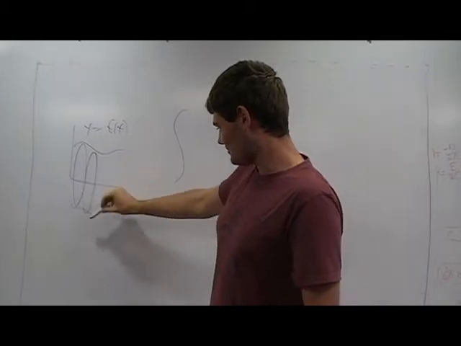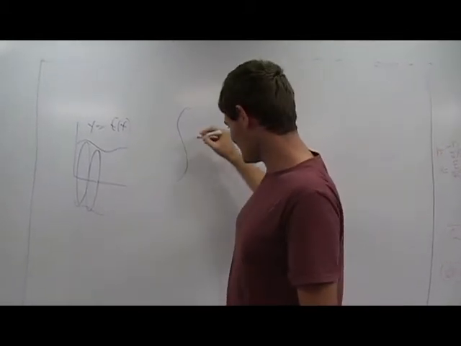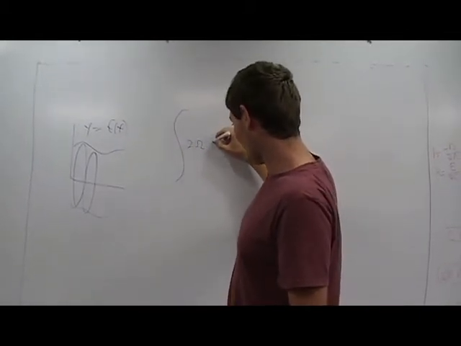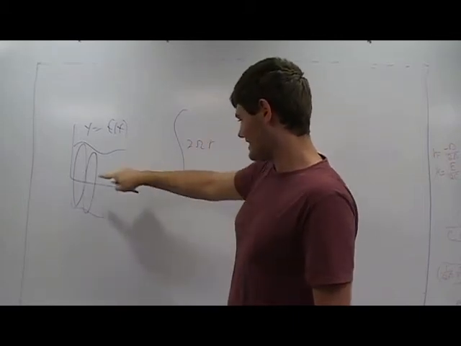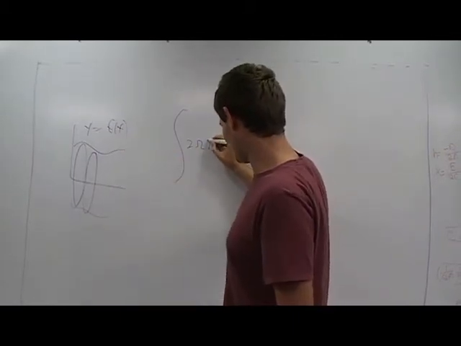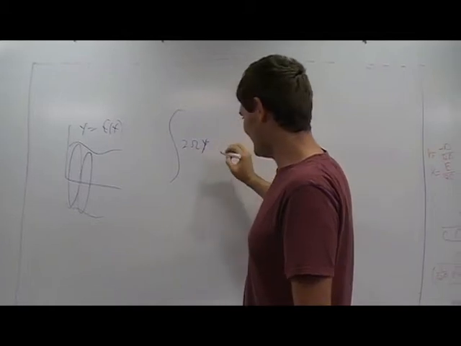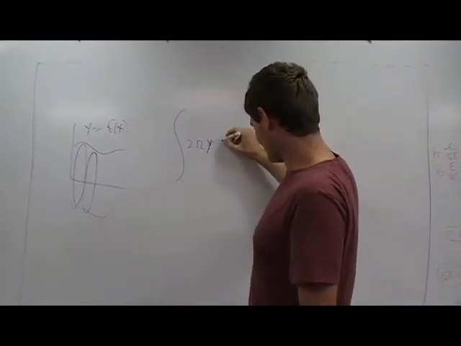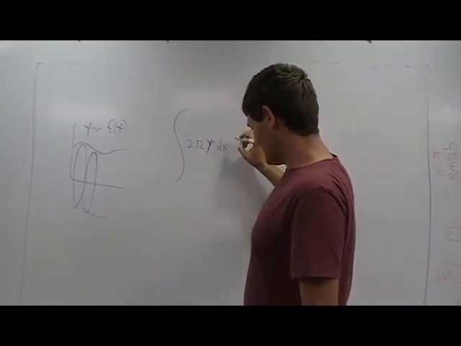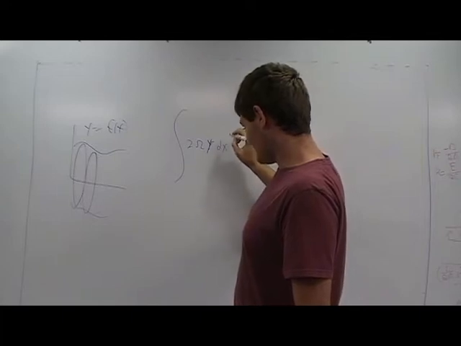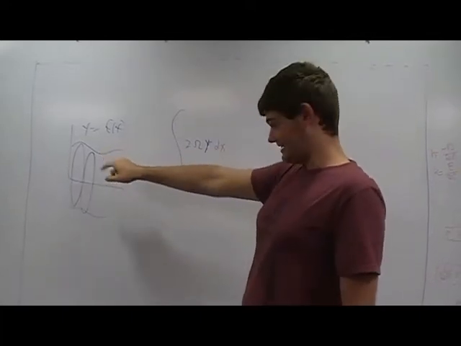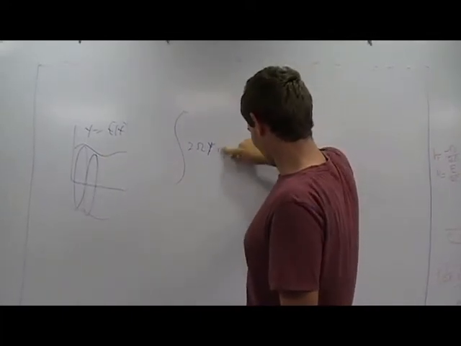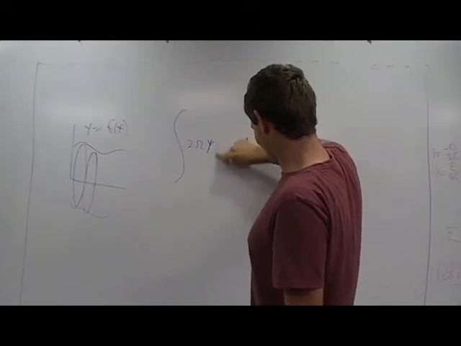So the circumference of one of these circles is 2 pi r, but r is the height of the function y. So we can just write y instead of r. The thickness is dx. But we also have to add the arc length into there, so not quite time for dx yet.